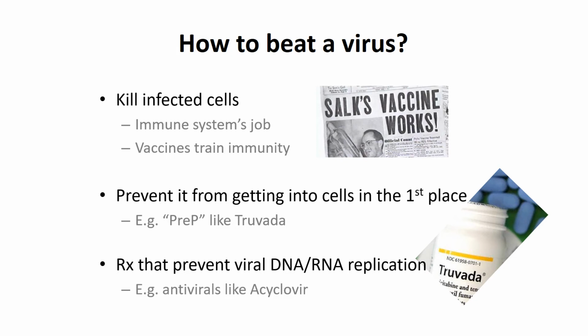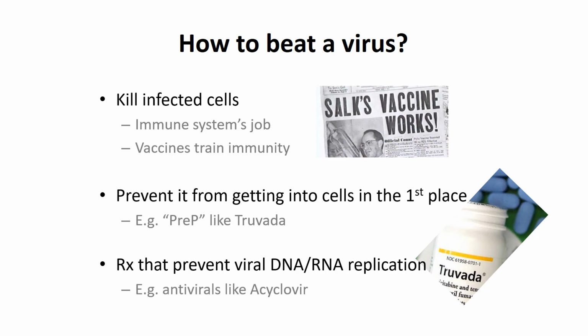The third way to beat a virus is to take a pharmaceutical, Rx here standing for prescription, that prevents the viral genome from replicating. So certain antivirals are designed to do this.